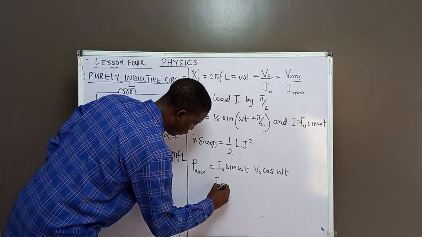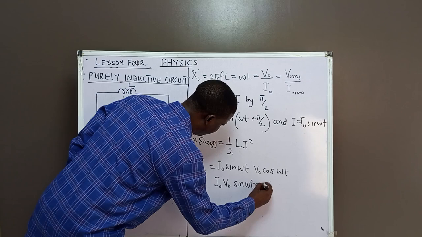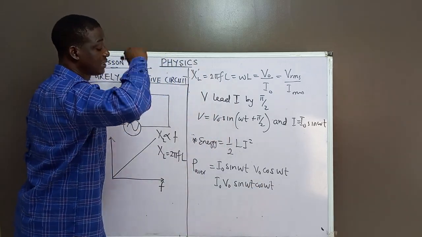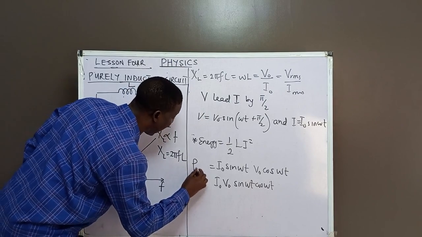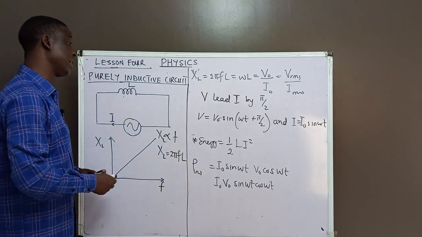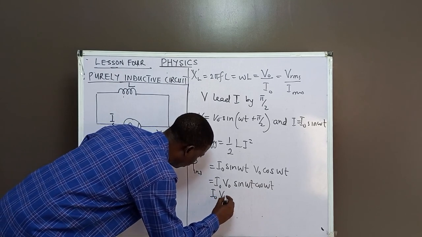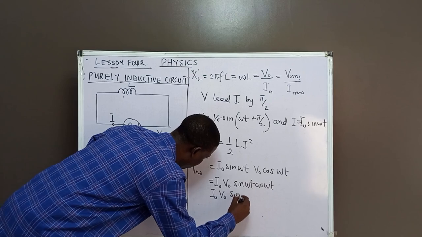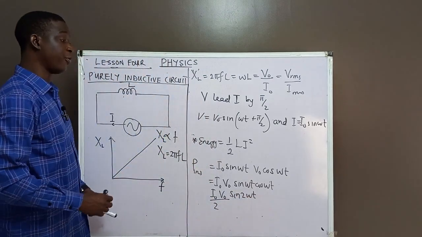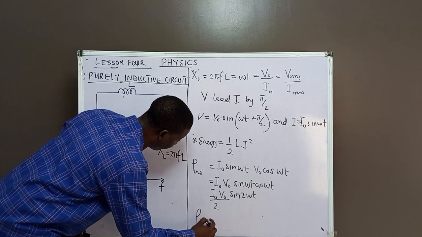So we are going to have I naught V naught sine Wt cos Wt. So the instantaneous power that we have for the capacitive circuit is still the same thing here. You can look at it very well. You see that our I naught V naught becomes sine 2 Wt over 2. I've given you this formula before. Then don't also forget that the power loss is equal to 0.